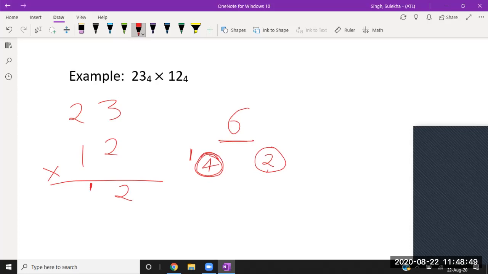Then I multiply 2 into 2, that is 4. If I take the pair of 4, I can make one pair, and after extracting it I am left with 0. So that 0. Is that clear till now?